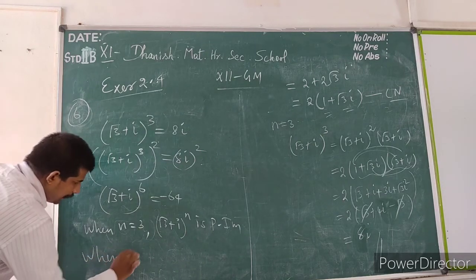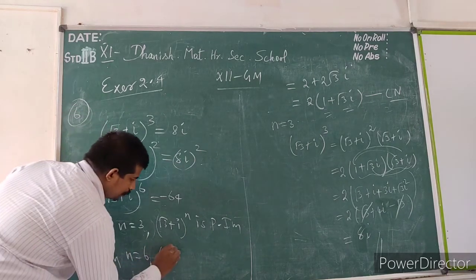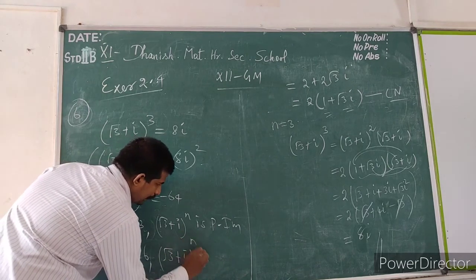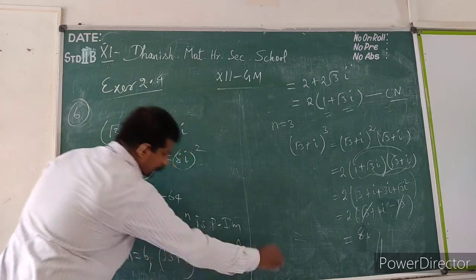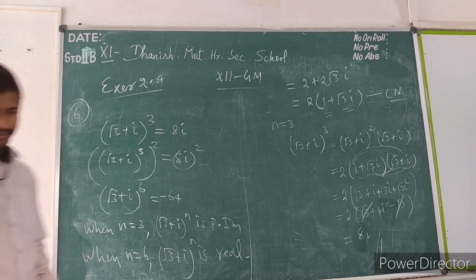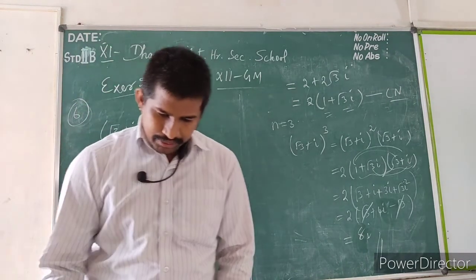When n equals 6, (root 3 plus i) whole power n is real. That's it. We got the required result.